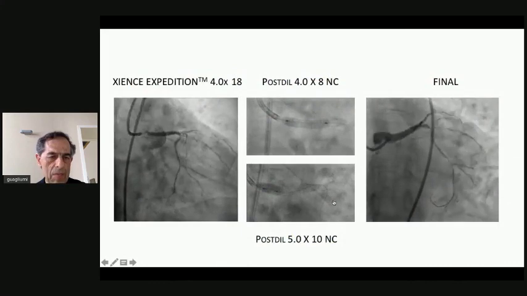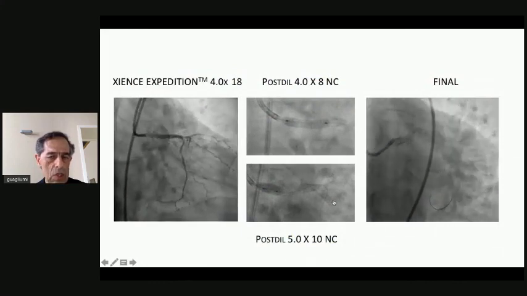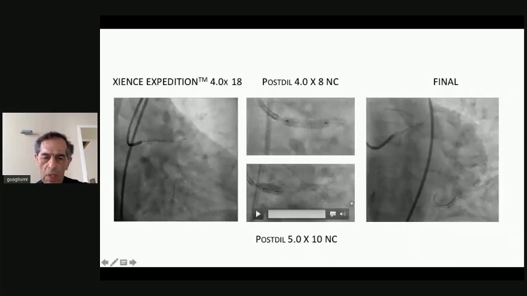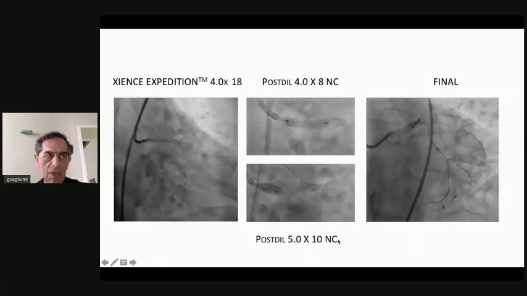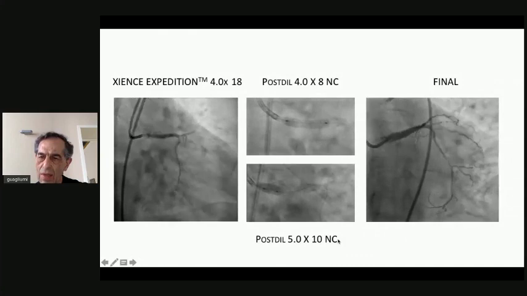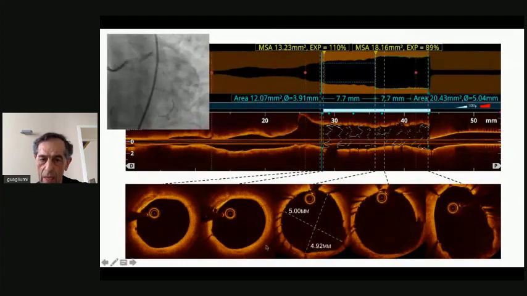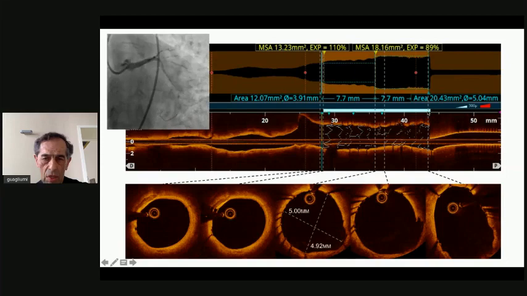So we did what was suggested by the measurements: implanted a 4.0 stent, post-dilated with a 5.0 based upon the size that was measured, and this is the final result. This is what you can get. You can get a full apposition. Here you have the apposition bar with no malapposition.